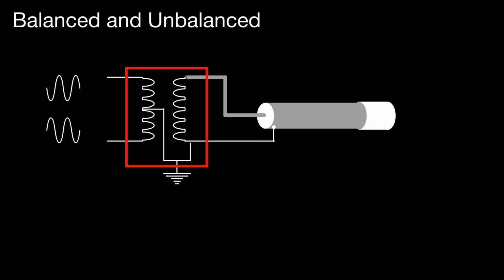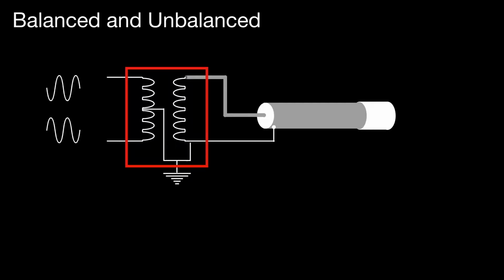And as the braid is connected to the bottom of the transformer and the braid is at earth potential, we can connect that to earth. And note that the centre tap of the primary, where the balanced line is connected, is also connected to earth.